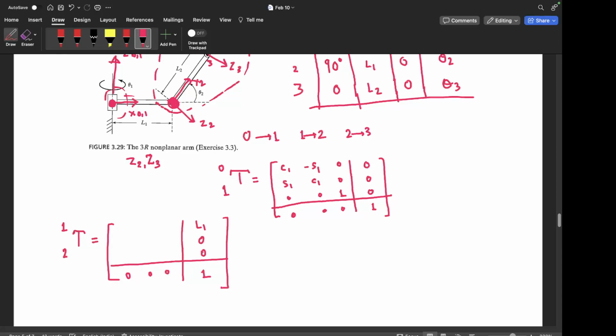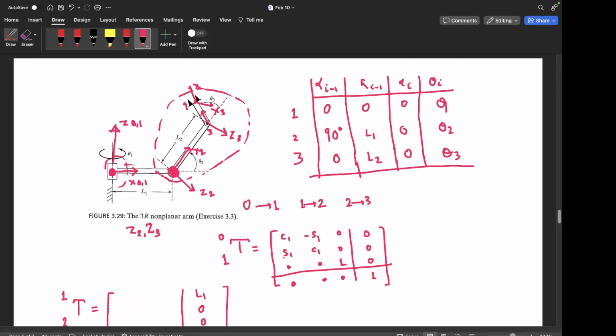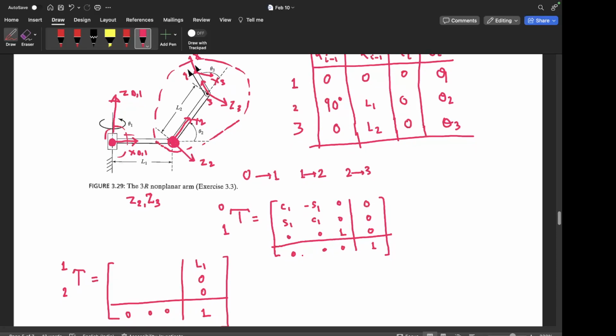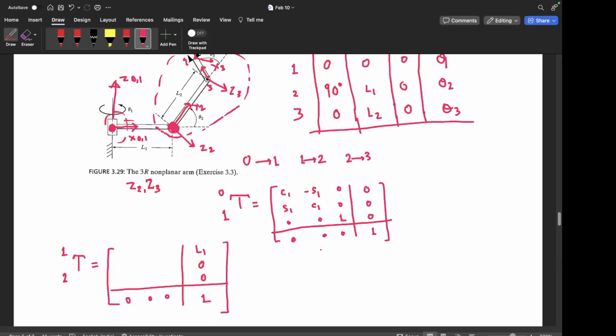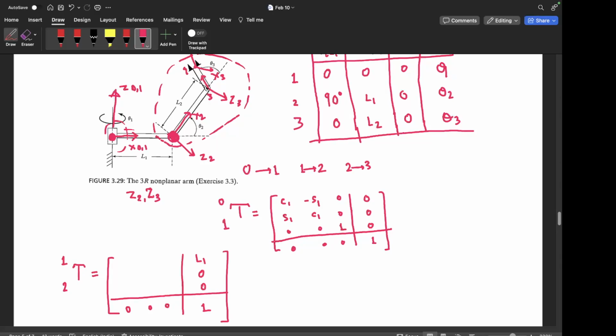Then what we have basically is a rotation of 90 degrees about the x-axis, and a rotation of theta 2 about the z-axis, right?